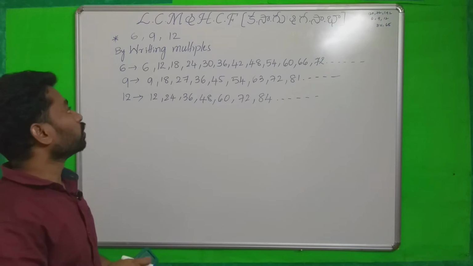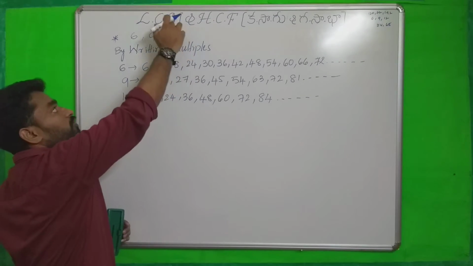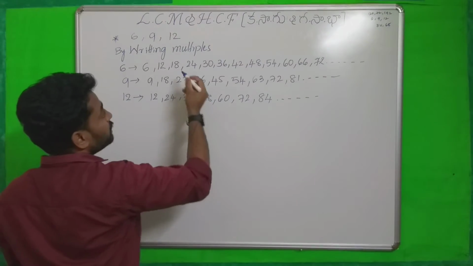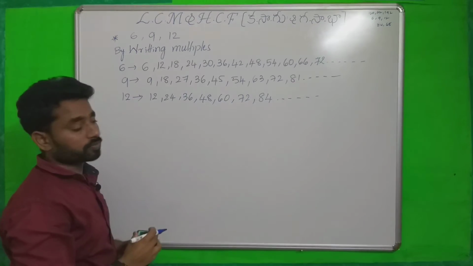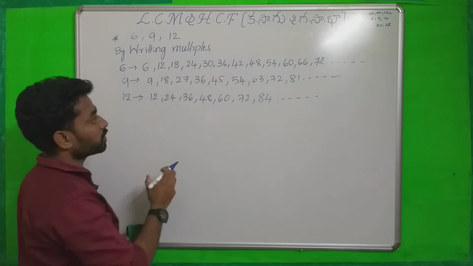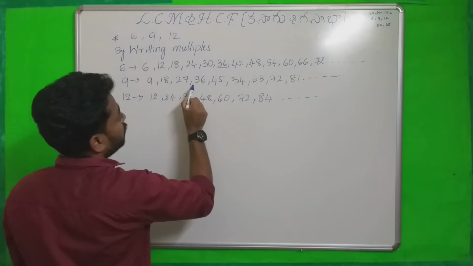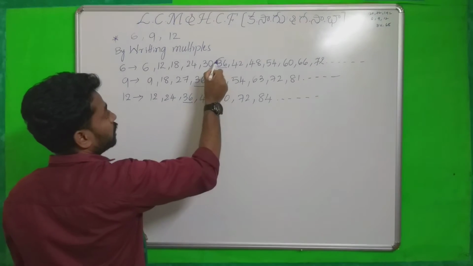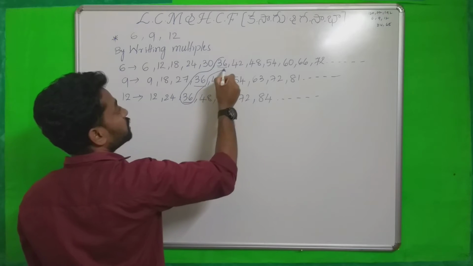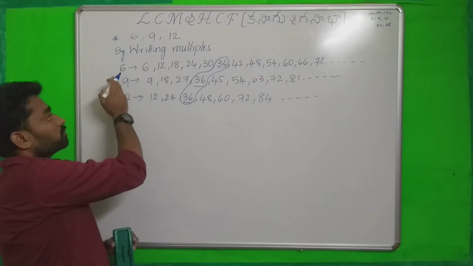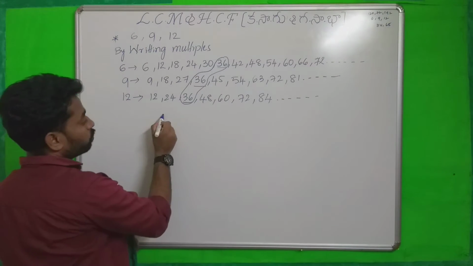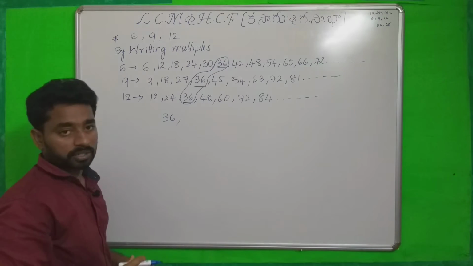Now by writing multiples we are going to find the LCM, least common multiple. First we have to take the common multiples. What are the common multiples here? If you see, 36 is there here, here 36, here also 36. So 36 is common to all three numbers. The first common multiple is 36.